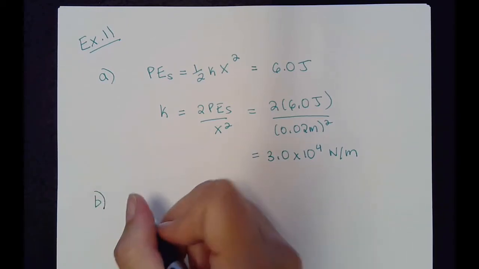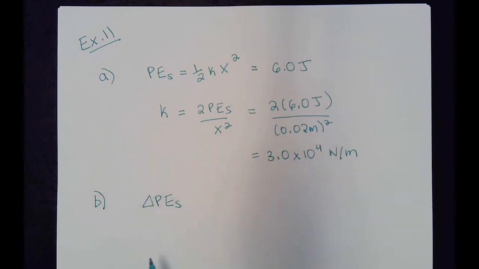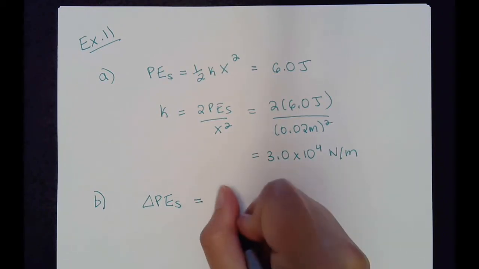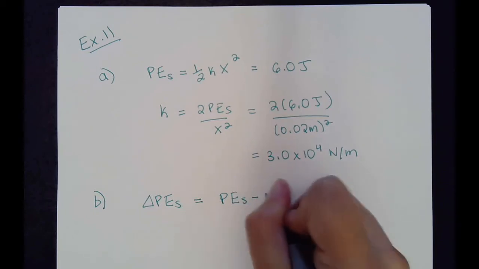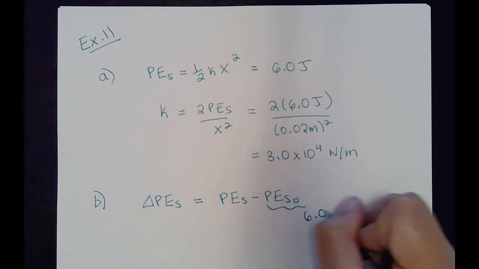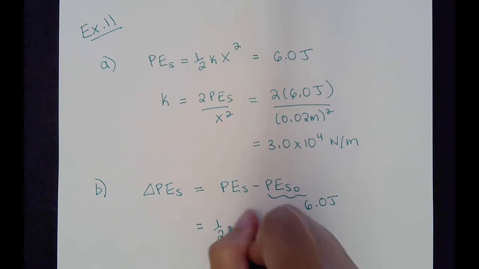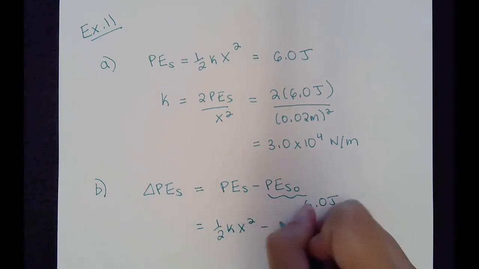All right, how much additional work is required to stretch the spring an additional 2 centimeters? So this will be delta PEs, which will be PEs final minus initial. We know that this initial value is 6 joules. It was already stretched 2 centimeters, which required 6 joules. So we'll have the final value 1/2 kx squared minus 6 joules.